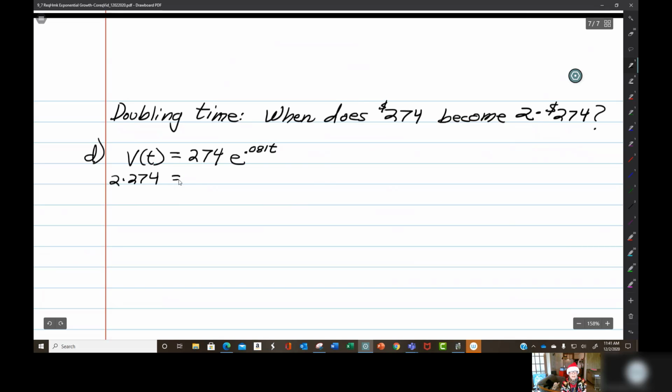Okay, equals 274 e to the 0.081 t. Now, step 1.